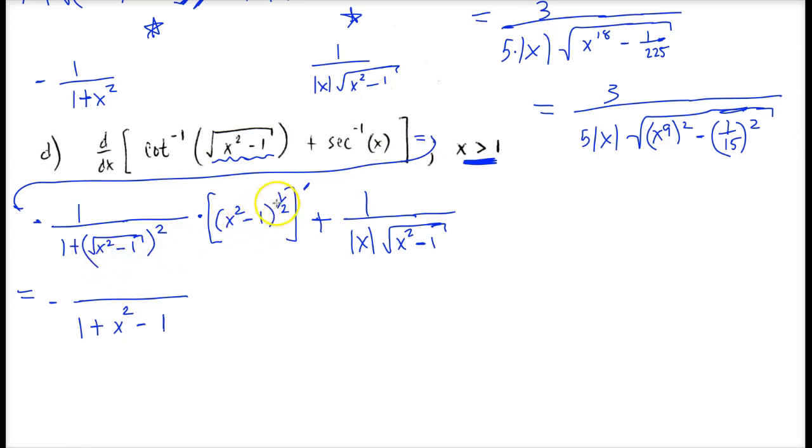If we take the derivative of x squared minus 1 raised to the 1/2 using the chain rule, that'll be 1/2 times x squared minus 1 raised to the negative 1/2. And then we'll multiply that times the derivative of x squared minus 1. And we'll keep the second term the same.